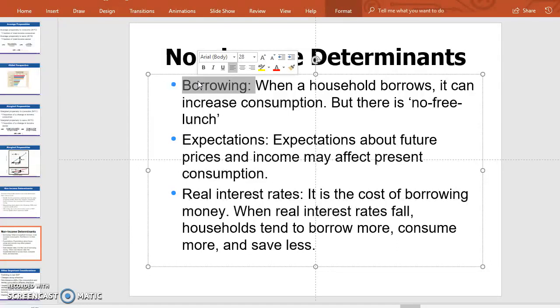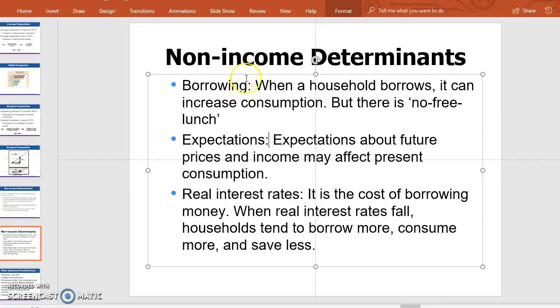But there is no free lunch, because if you borrow more today and consume more today, then tomorrow those loans will mature. Then you have to pay back principal and interest together. Then tomorrow consumption will decrease, right? Because after paying the loan with the principal and interest, there will be less money left over for consumption. So borrowing has that effect.